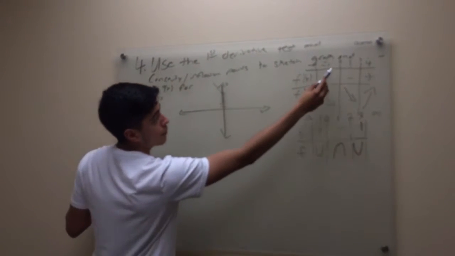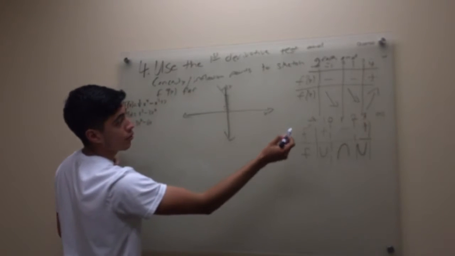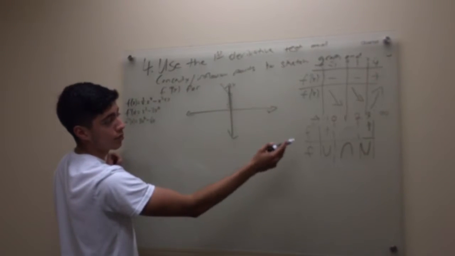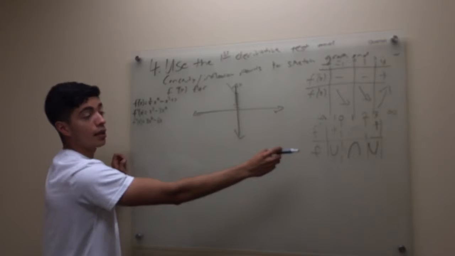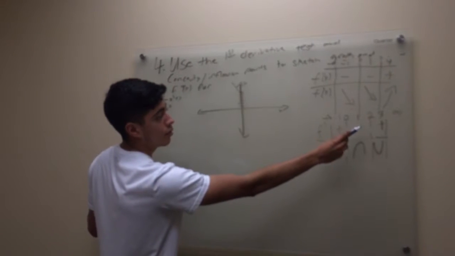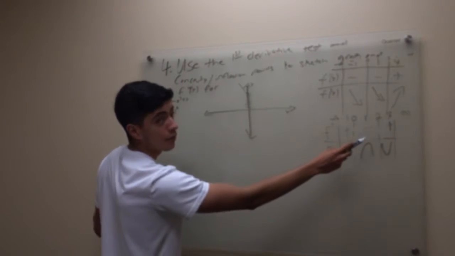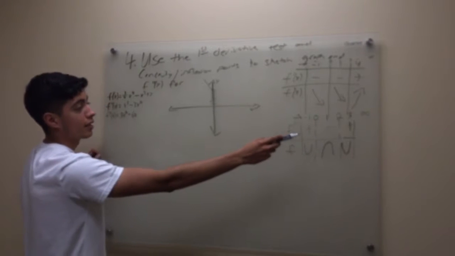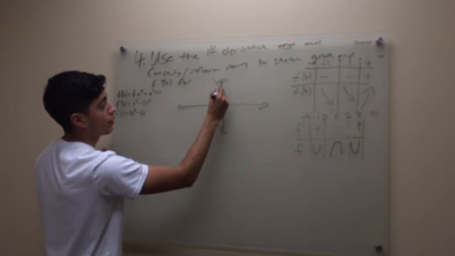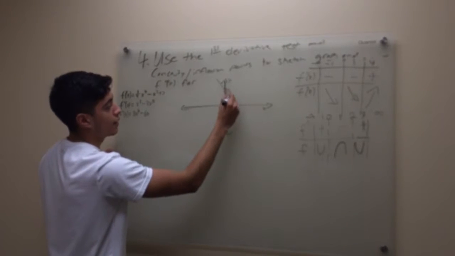And then from 0 to 3, it's going to continue to decrease, but at 2, we have another inflection point, and after 3 it's going to increase. So the graph is going to look something like this.